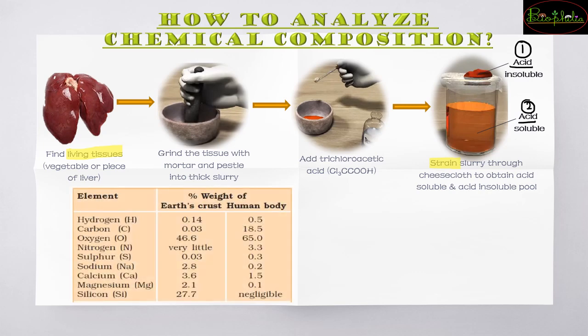So here we should know that each and every component of the human body, we say that the human body is made from the soil, and after that it gets mixed back into the soil. So why is it called so? Because the earth's crust is made up of elements like hydrogen, carbon, oxygen, and even the human body is made up of the same elements but in different proportions.